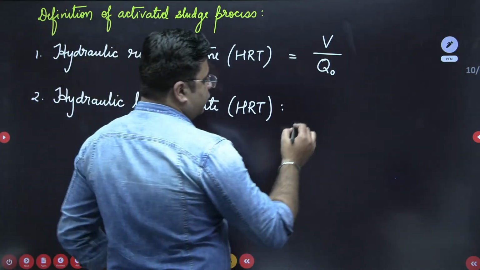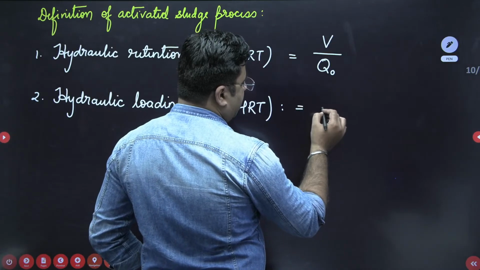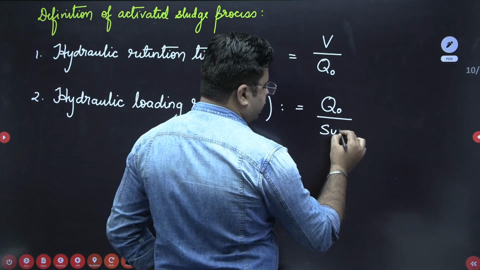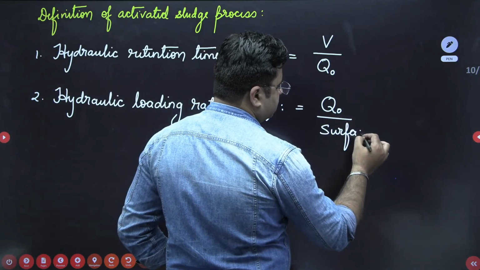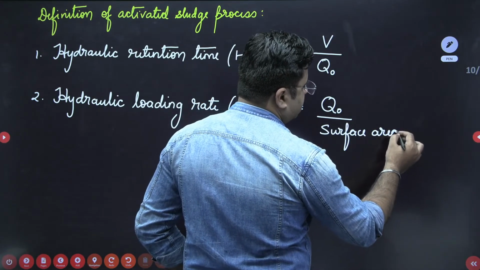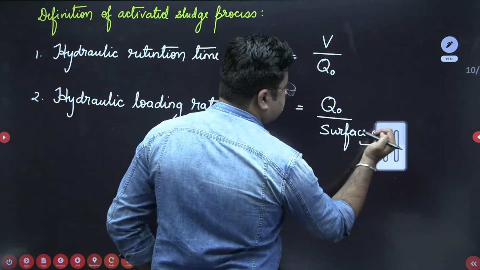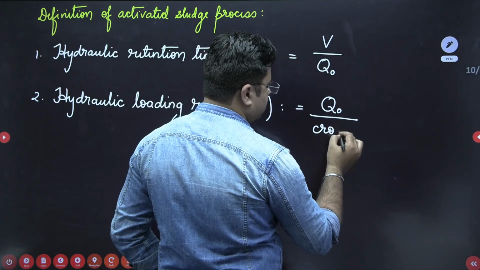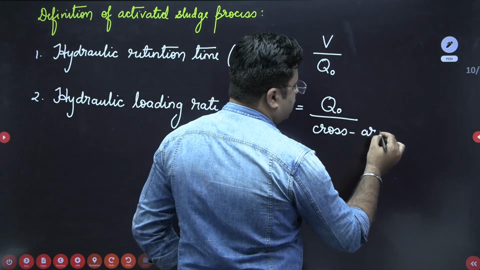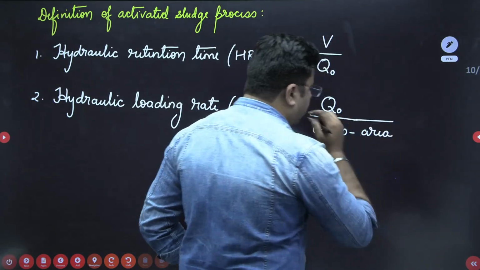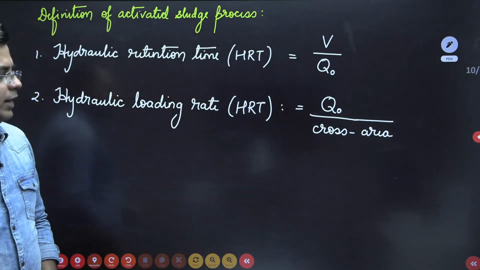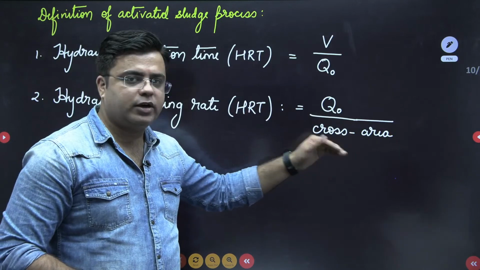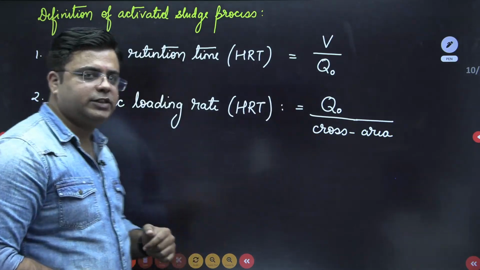So hydraulic loading rate is basically the amount of discharge applied per unit surface area, per unit cross-sectional area of the aeration tank. Hydraulic loading rate is defined as the amount of discharge applied per unit cross-sectional area of the aeration tank.